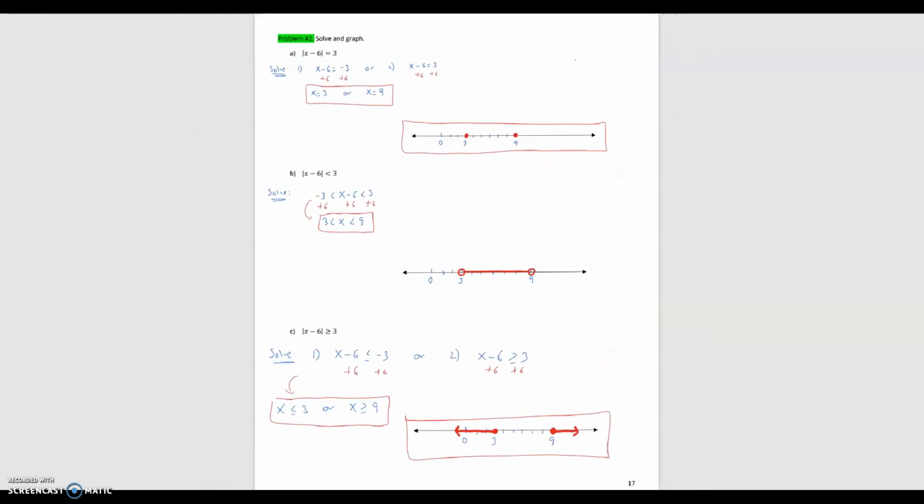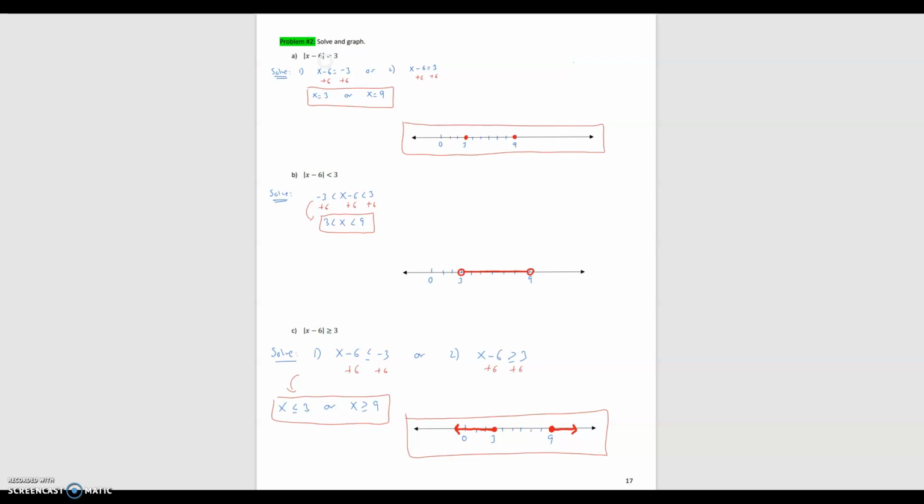Now keep in mind that since we're technically doing the same system in terms of the solution for the original problem, equality means that you have an unknown and your solution is the edges. Less than is technically all the values in between. Greater means that from the edges towards the opposite, towards the positive infinity and towards the negative infinity.